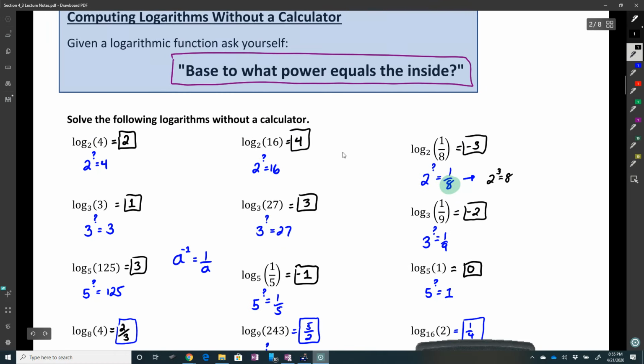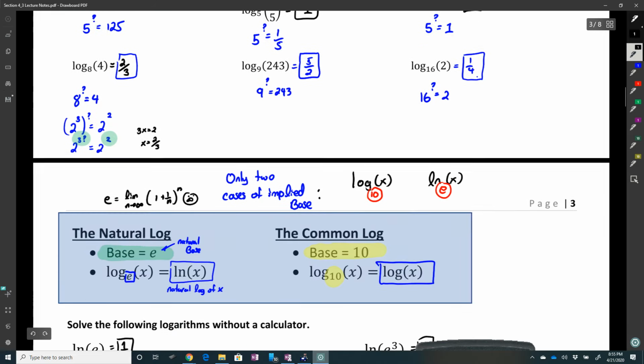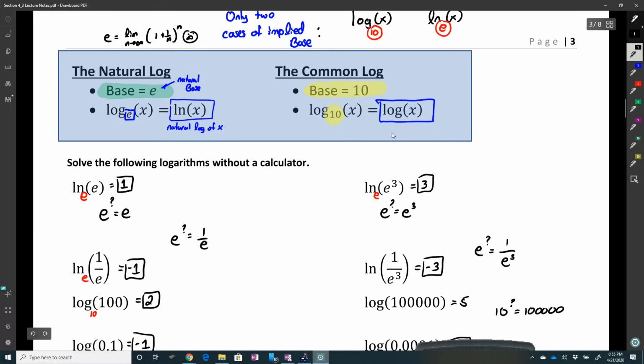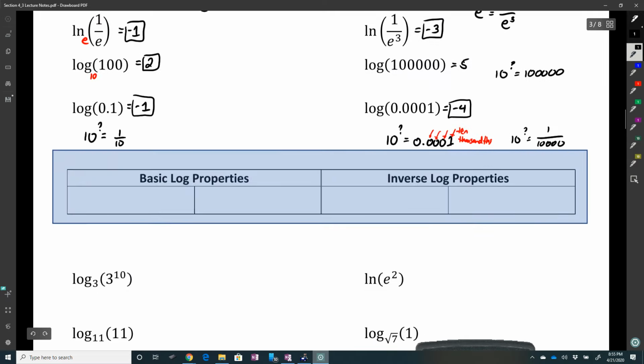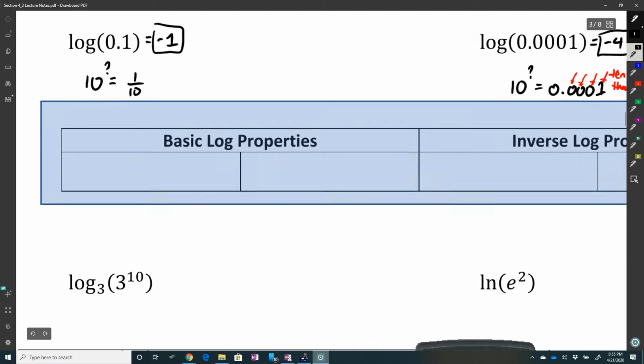Now, whenever you want to do a log mentally in your head, ask yourself base to what power equals the inside. Whatever the answer to that is the answer to the log. And then the natural log and common log are two special logs where you don't need to write the base. If you just see a log by itself, then it's 10. If you see natural log, the base is automatically e. So anyway, let's do some basic log properties.